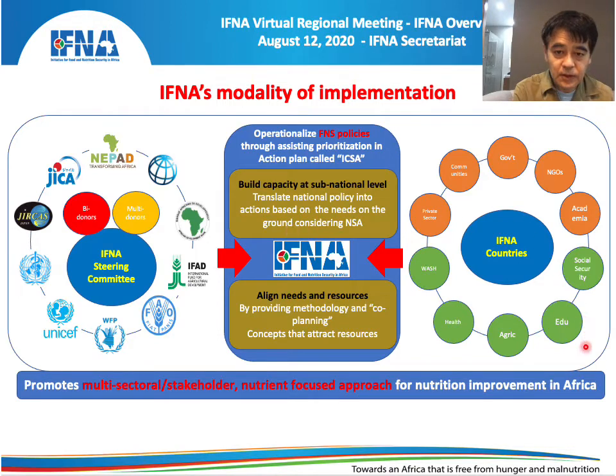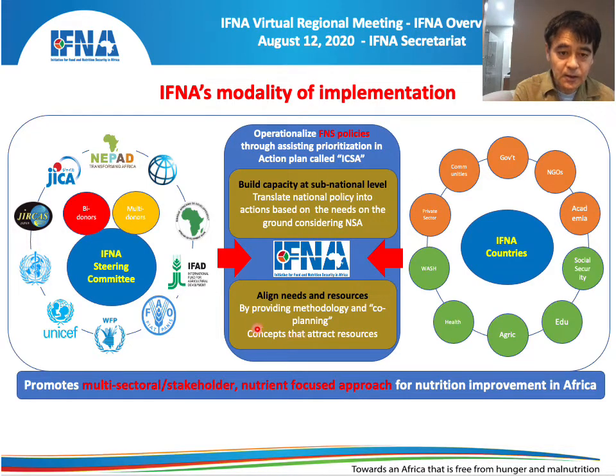It also coordinates and collaborates with country stakeholders from different fields in each country. There are two important areas of action in IFNA. First, build the capacity of government at subnational level.